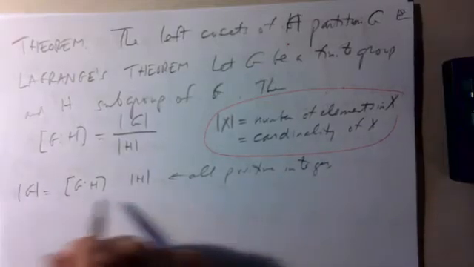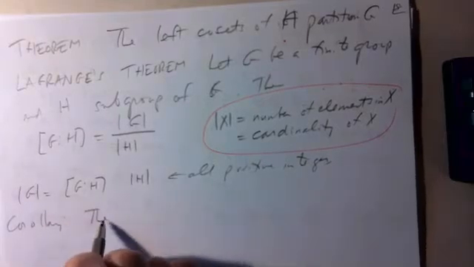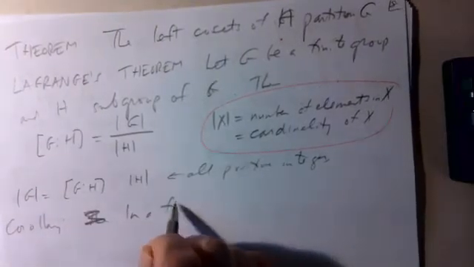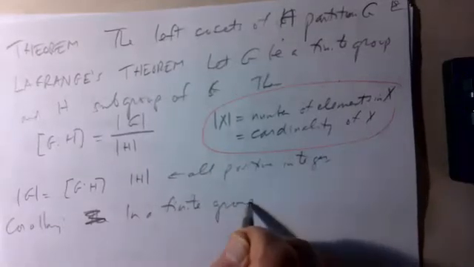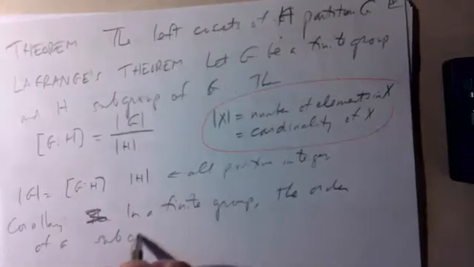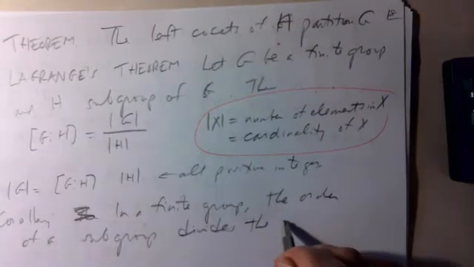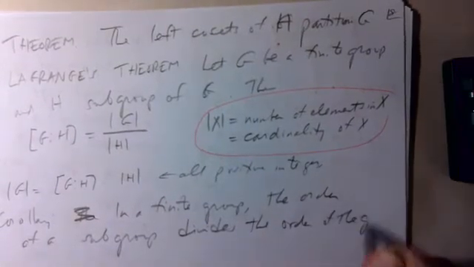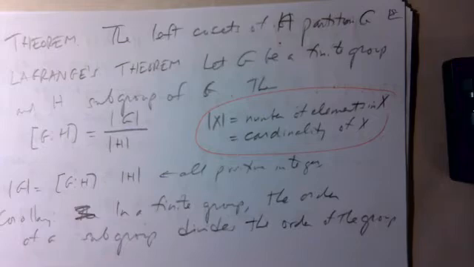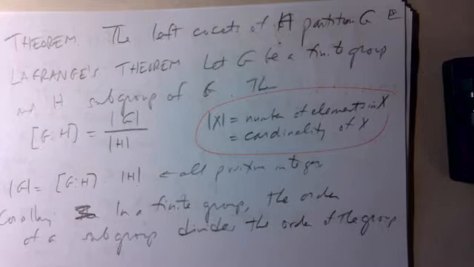So this statement is actually a corollary, if you like. In a finite group, the order of a subgroup divides the order of the group, because the order of G is a multiple of the order of H. That's just the definition of divisibility.